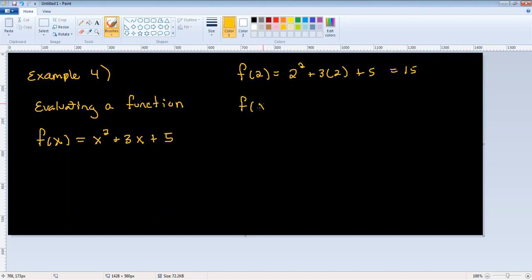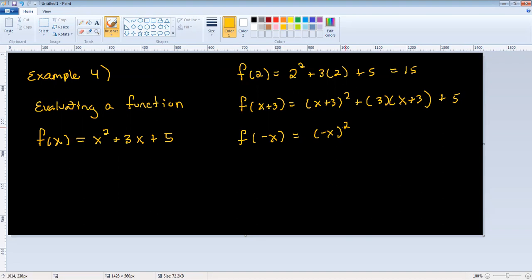This would be what? x plus 3, and this is going to be x plus 3 squared plus 3 times x plus 3, and then plus 5. And then this is negative x squared, plus 3 times negative x, and then plus 5.